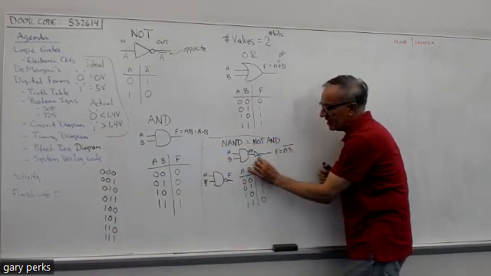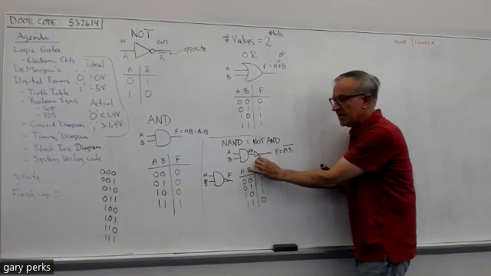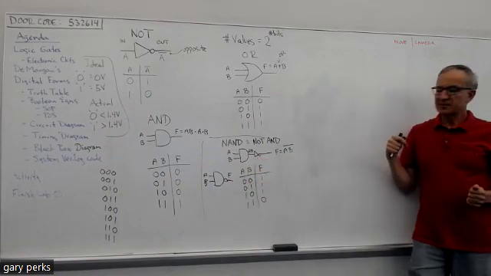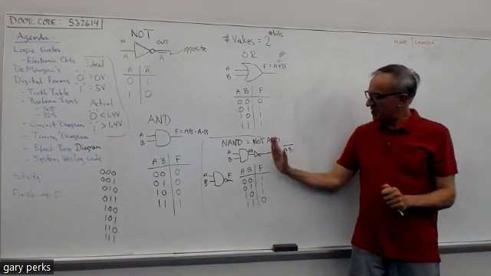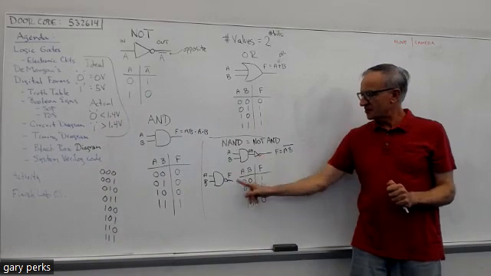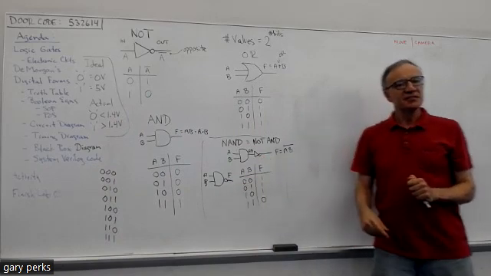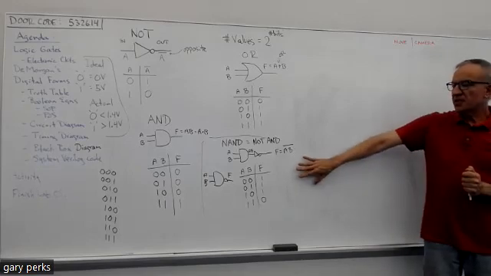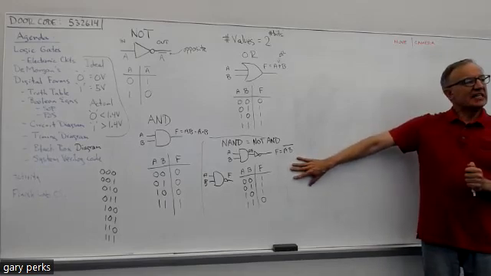The bubble identifies that the AND gate output is being inverted, and that's what makes it a NAND. So they came up with this symbol by kind of squishing the inverter symbol into the AND symbol and just leaving the little bubble sticking out. Okay? So any questions about the NAND?